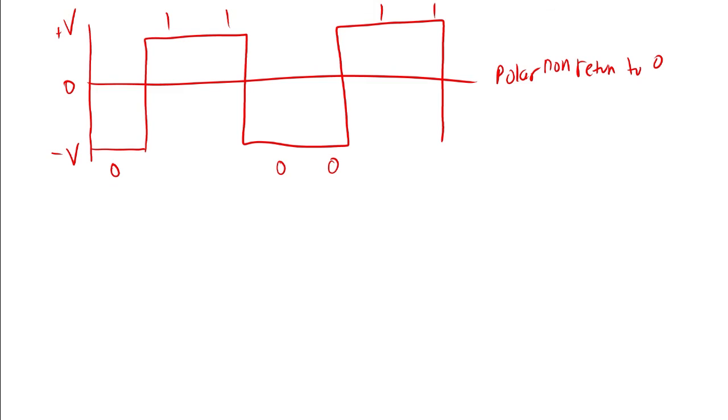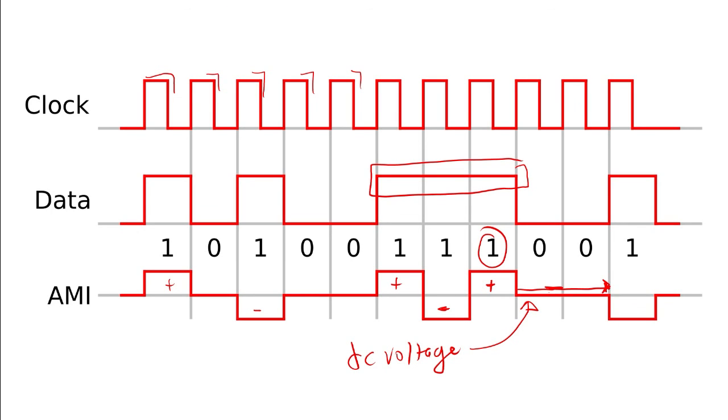The second method is what we call a bipolar AMI. And bipolar lets us switch voltages. So in this case, we have three positive ones in a row.